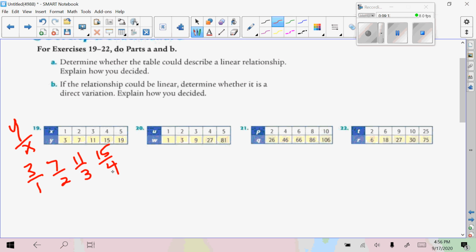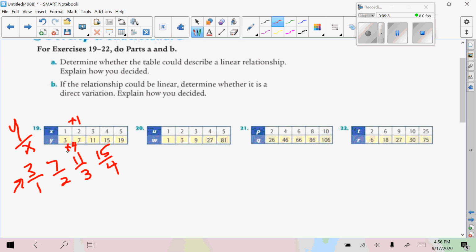And what you want to see is, are those all the same numbers? If they are, if they all simplify to the same thing, the 3 over 1, then it's a direct variation, as long as the numbers are going up by the same amount. Now these are, because these are all going up by 1 and these are all going up by 4.